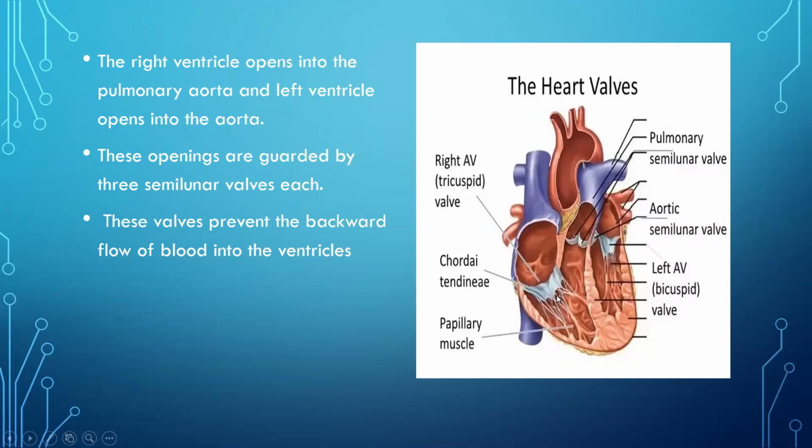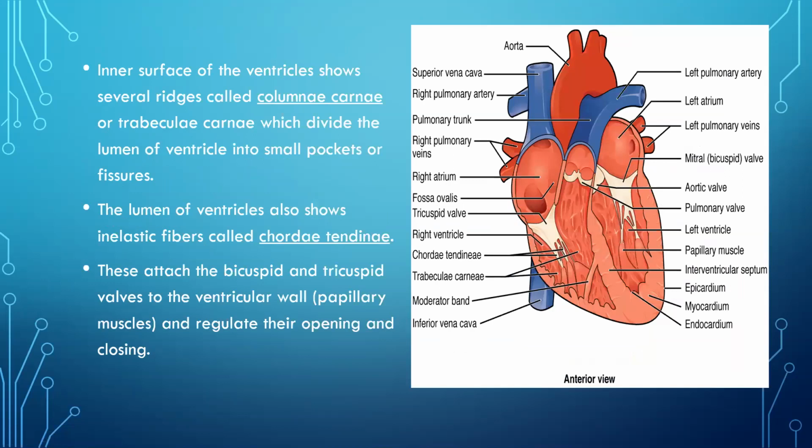Now, what is the function of this trabeculae carneae? When the ventricles contract, or when the ventricles pump the blood, the pressure of the blood here is very high. The pressure in the right auricle is low. We know that the tricuspid valve and bicuspid valve do not allow backflow of blood.